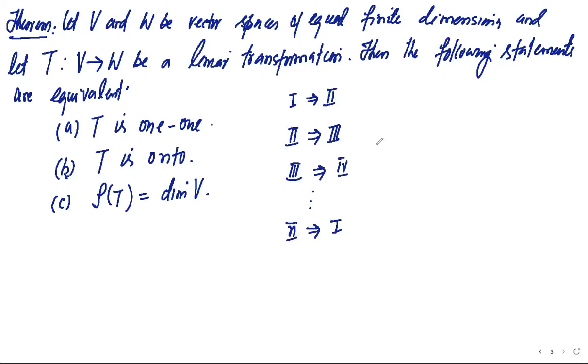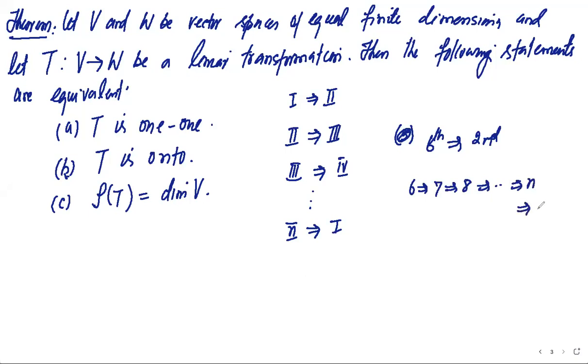So in this process, suppose we have to show how the sixth statement implies the second statement. To prove this, what will we do? We will prove that 6 implies 7, now 7 implies 8, and so on, up to the nth statement.